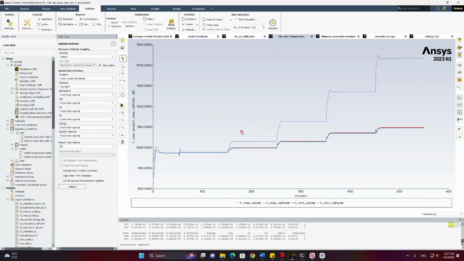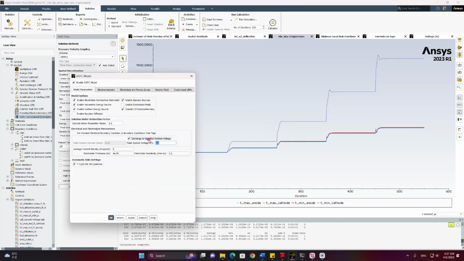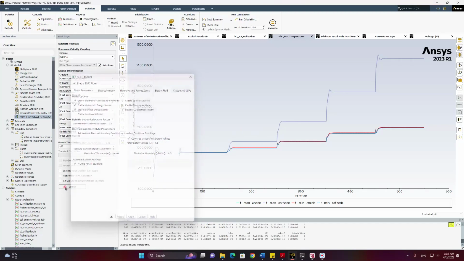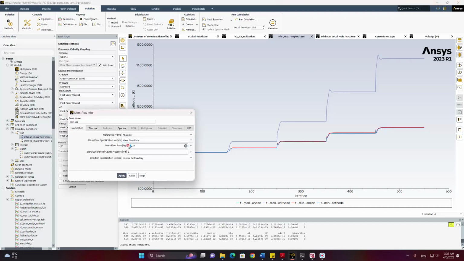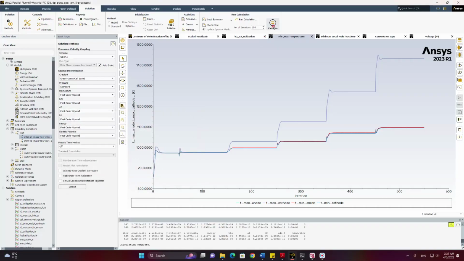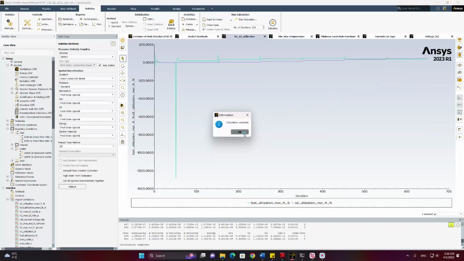So this calculation is also completed, and now as the next step we will move on by applying more load, 0.5 volts, and we will increase the mass flow rate to 1 exponent minus 6. Calculate. So this is the load when we have applied 0.5 volts.